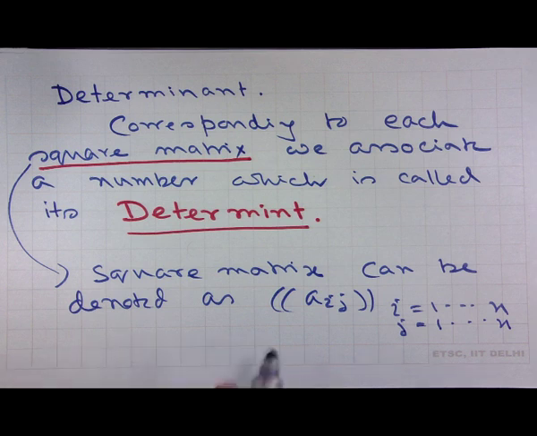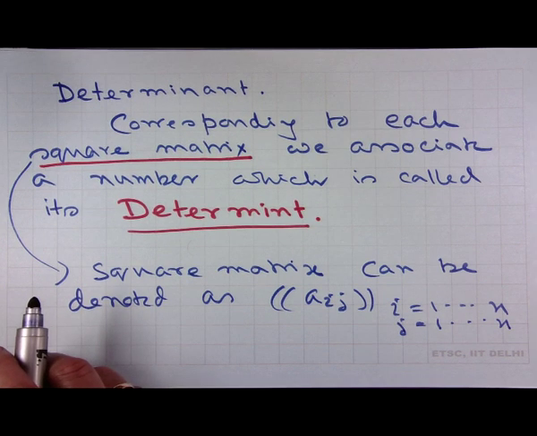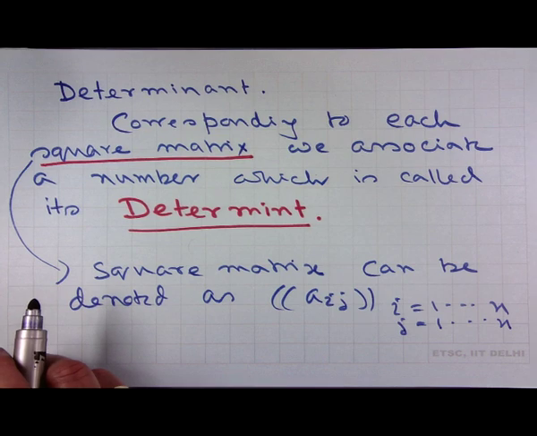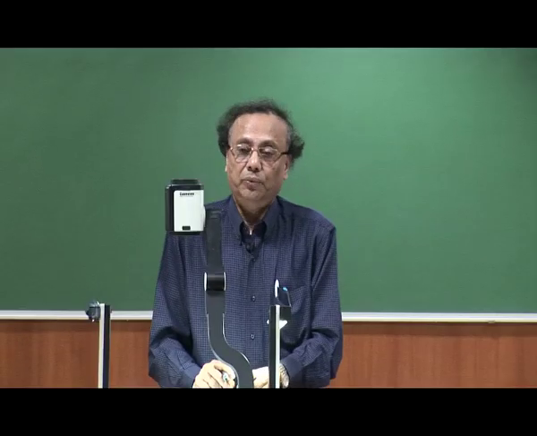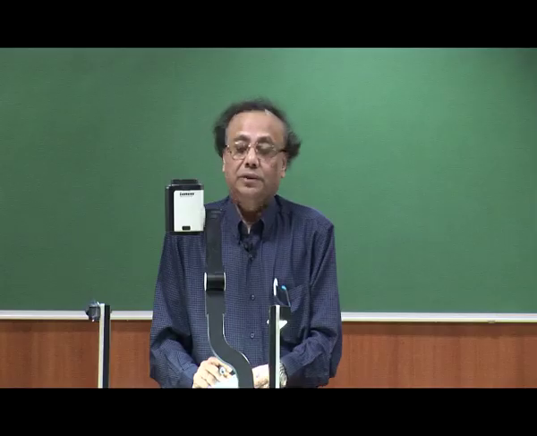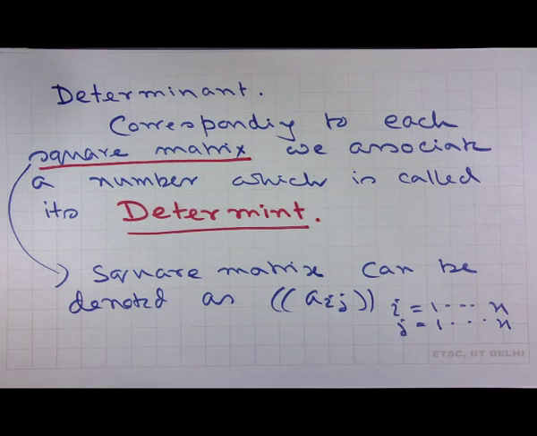That means both the number of rows and the number of columns of the matrix are equal. In that case, we call it a square matrix.